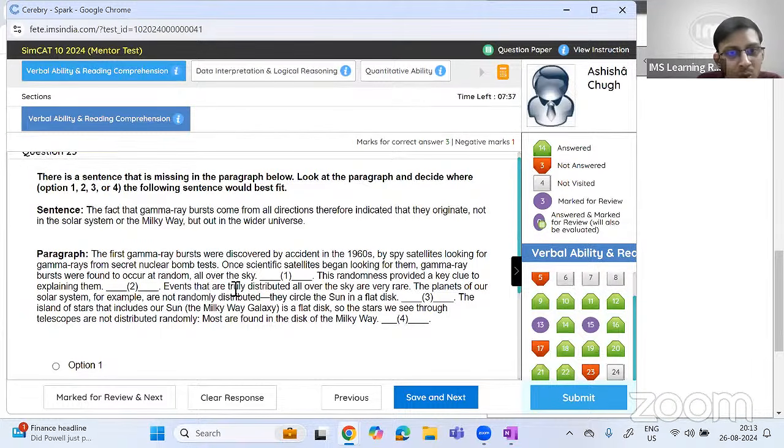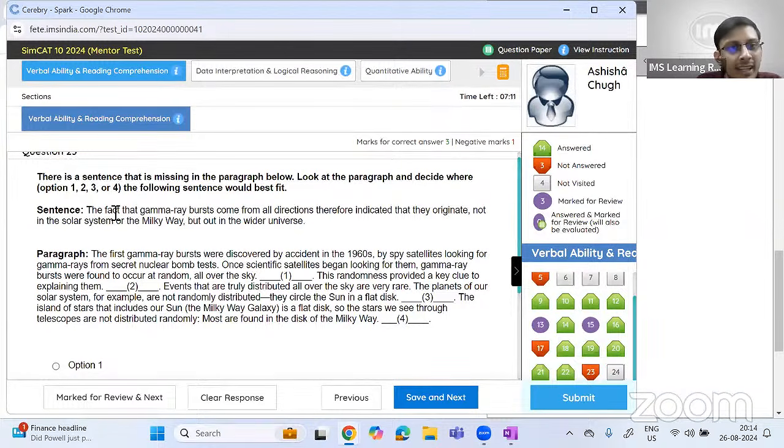Then events that are truly distributed all over the sky are very rare. Planets of a solar system, for example, are not randomly distributed. They circle the sun in a flat disk. This island of stars that includes the sun, the Milky Way galaxy, is a flat disk. So the stars we see through telescopes are not distributed randomly. Most are found in the disk of the Milky Way.